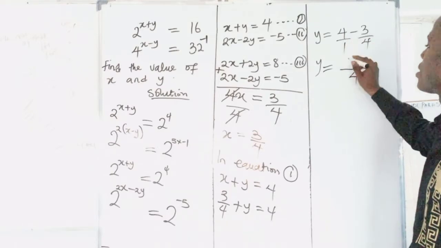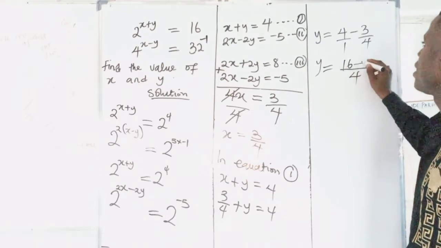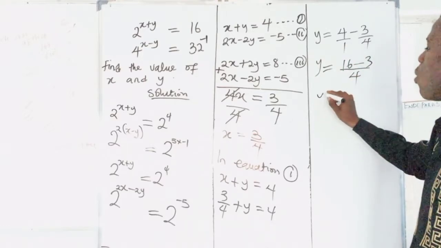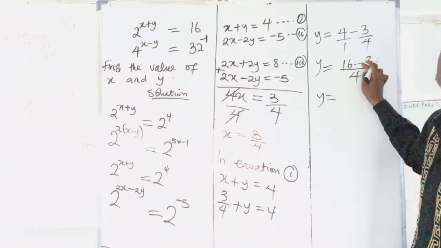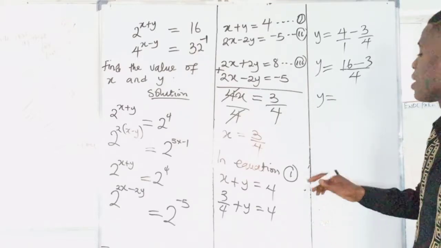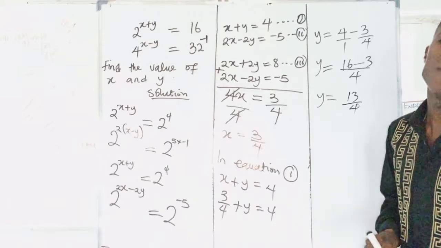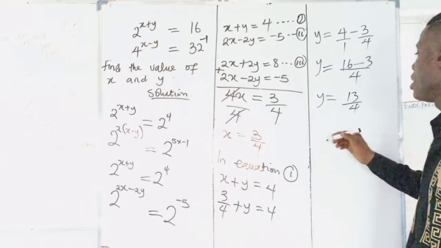And 4 times 4 is 16, minus 1 times 3 is 3. So at the end, my y is equal to 16 minus 3, which is 13 all over 4. So 13 over 4 is the answer for my y.